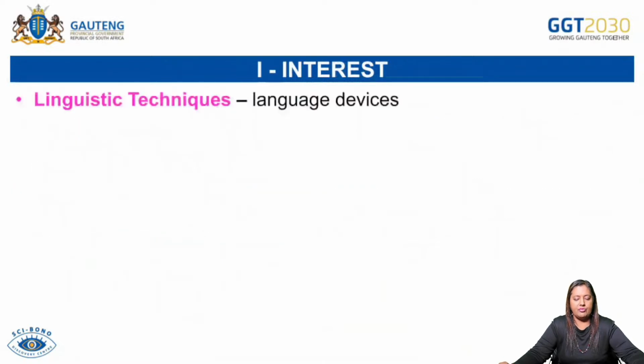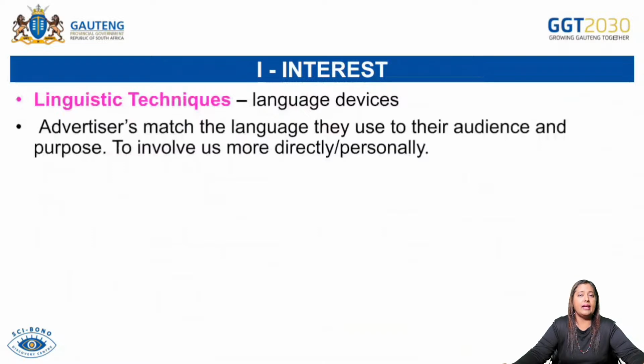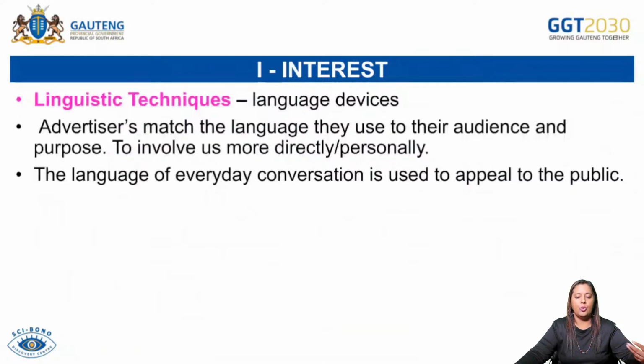Right, and then we've got the other part, the linguistic technique, where we're looking at the language being used. Here we will match the language that is used to the audience that we are trying to persuade. So it involves you directly when the advertiser uses certain words.